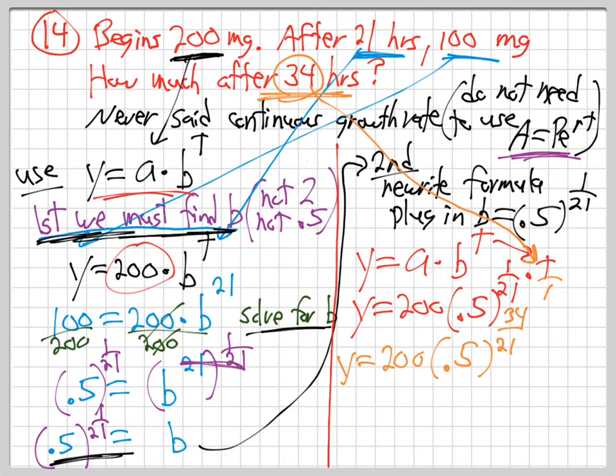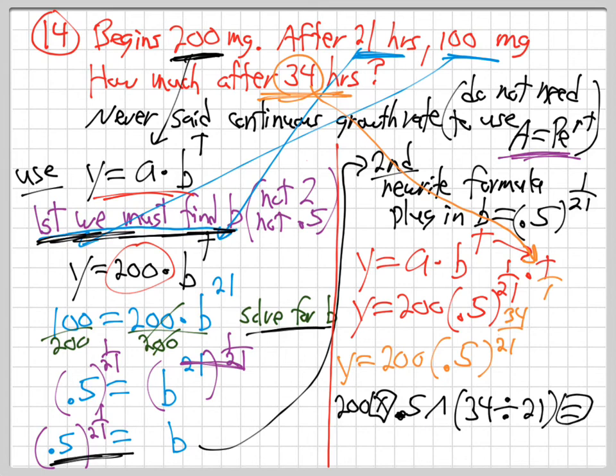So then on your calculator, you'll need to type in 200 raised to the power of... Well, wait, no, that's getting wrong. Let me try again. 200 times 0.5 raised to the power 34 divided by 21 equals.